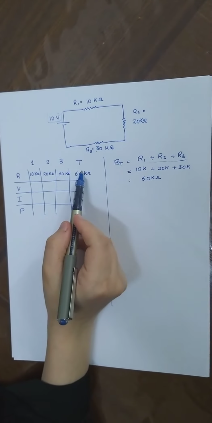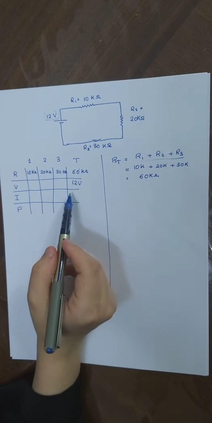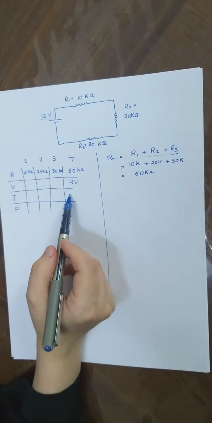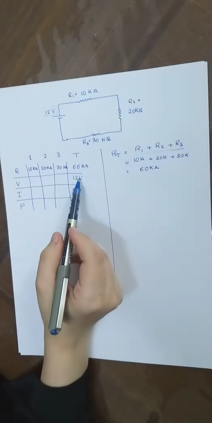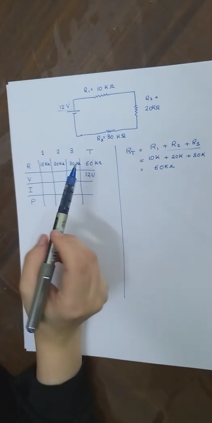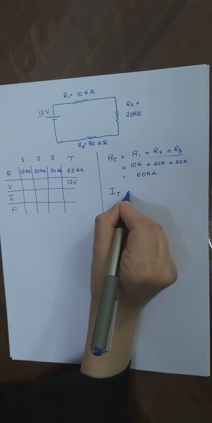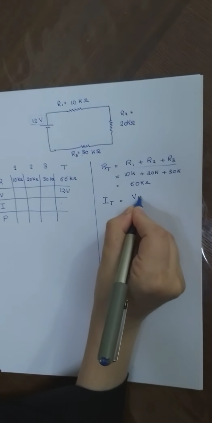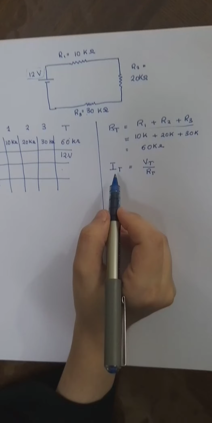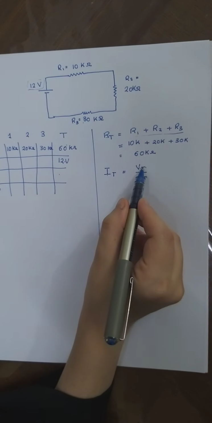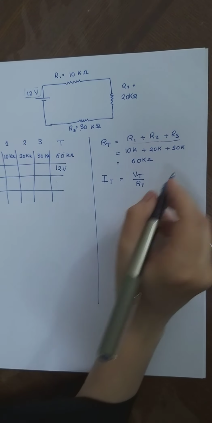We have R total and V total, so we can find I total. I total is equal to V total over R total.